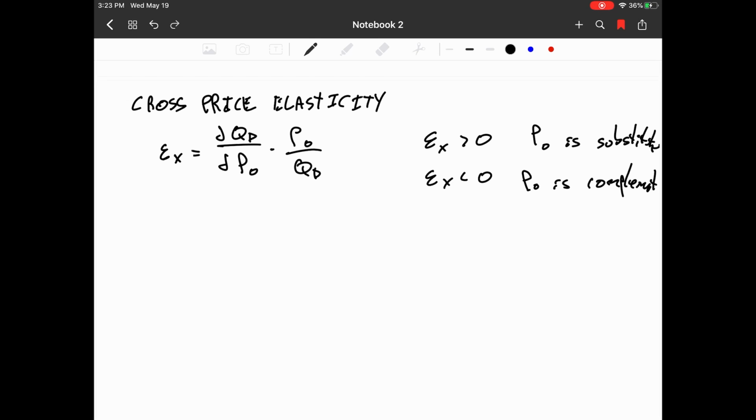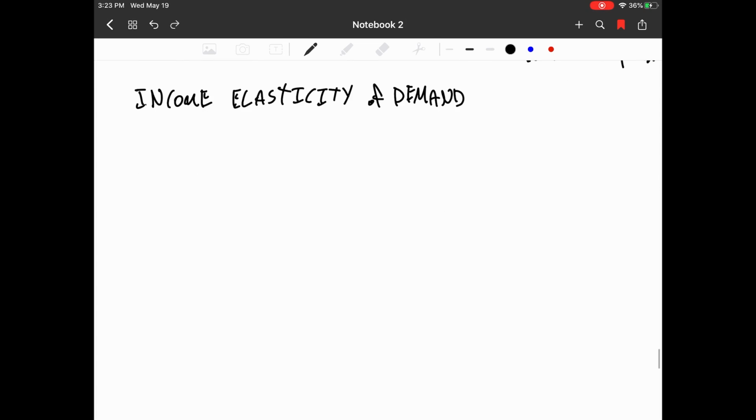All right. So finally, income elasticity of demand. So here we just have epsilon subscript I, dQd with respect to y times y over QD.